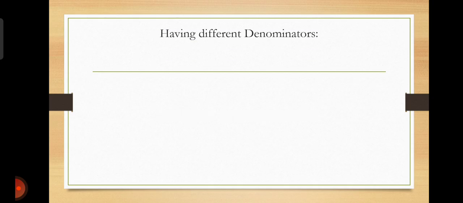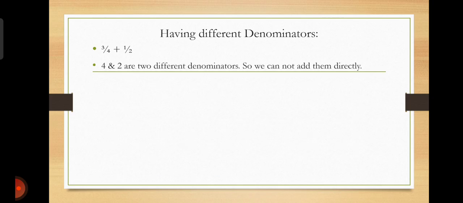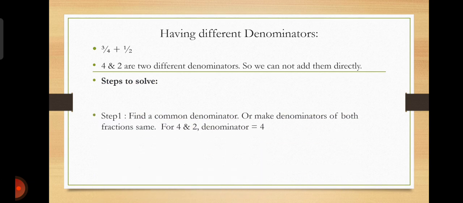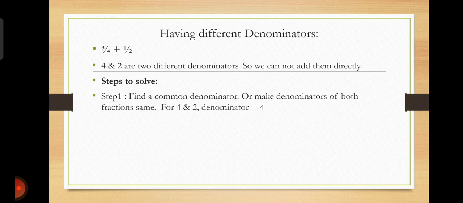Now we will solve the addition of two fractions having different denominators. 3 by 4 plus 1 by 2. Over here 4 and 2 are two different denominators. So we cannot add them directly as we did in the previous slide. So what we will do is step 1. We will find a common denominator.